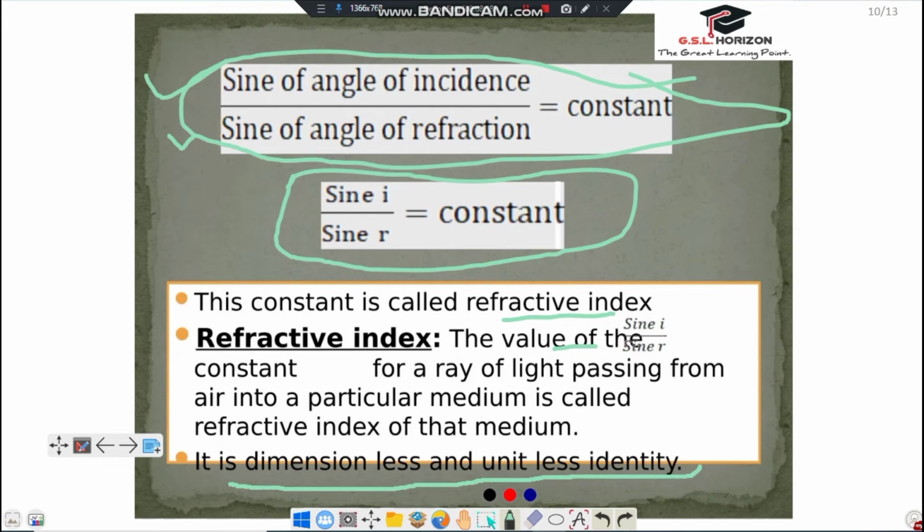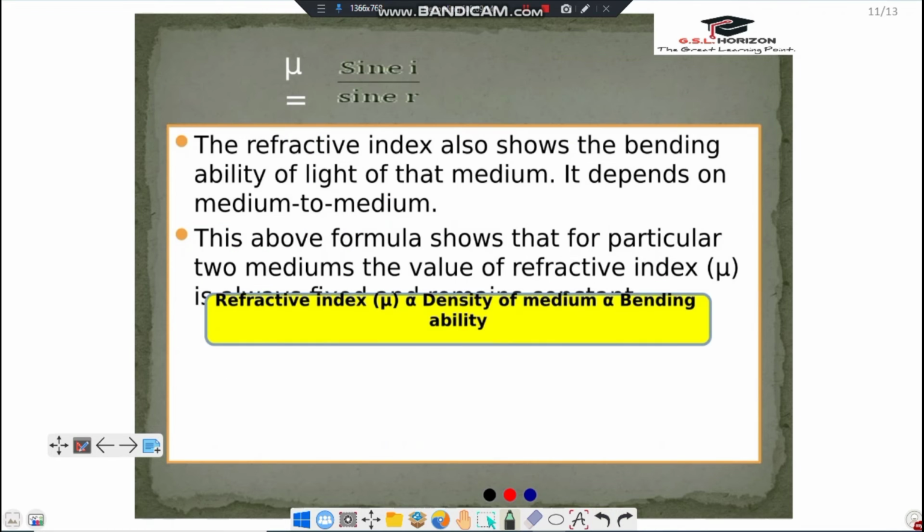It doesn't have any unit or any dimension. It is denoted by mu, and mu is equal to sin i upon sin r.